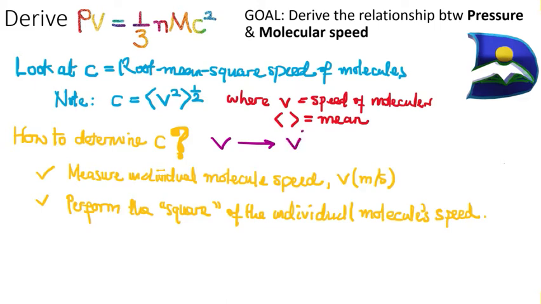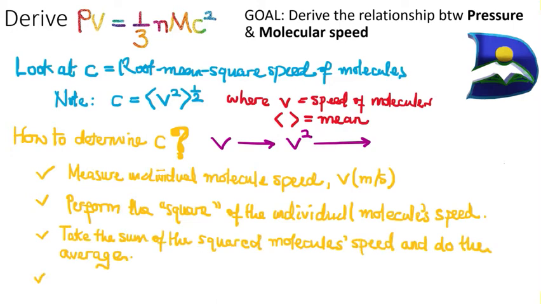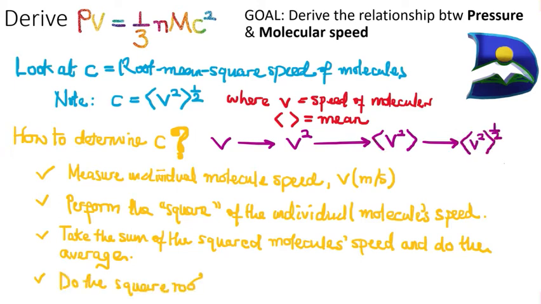Then the next step is to take the average of all the squared speeds, and this average is used in the final step, which is taking the root of that mean of the squared speeds. Once you do that, you've determined a specific value which truly represents the root mean square speed of the molecules in a container.